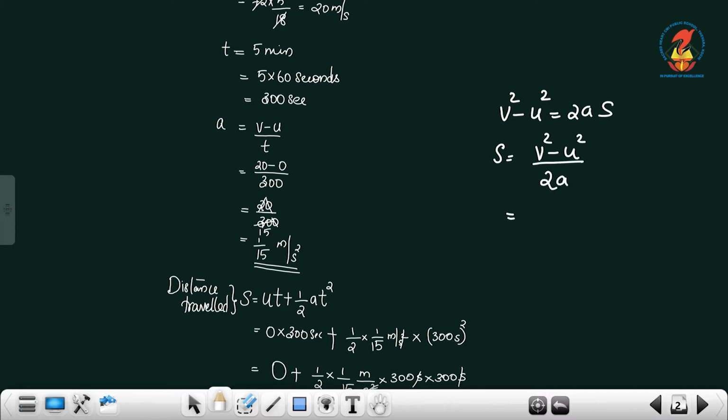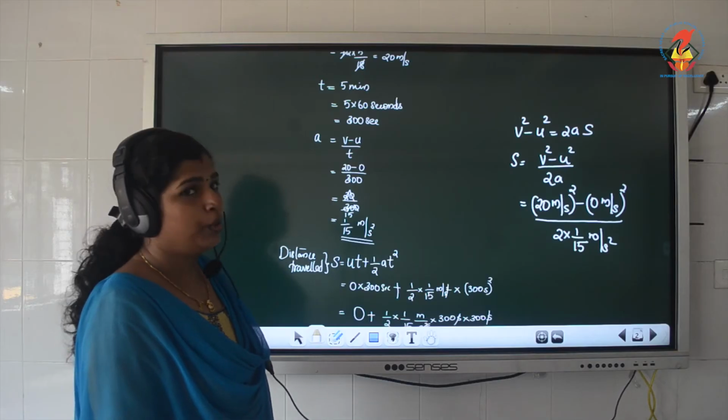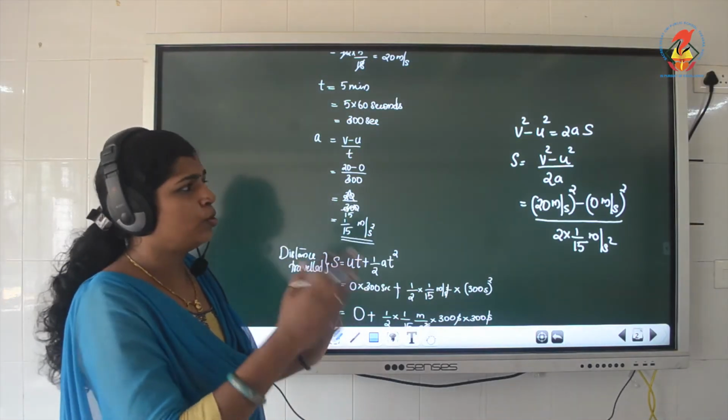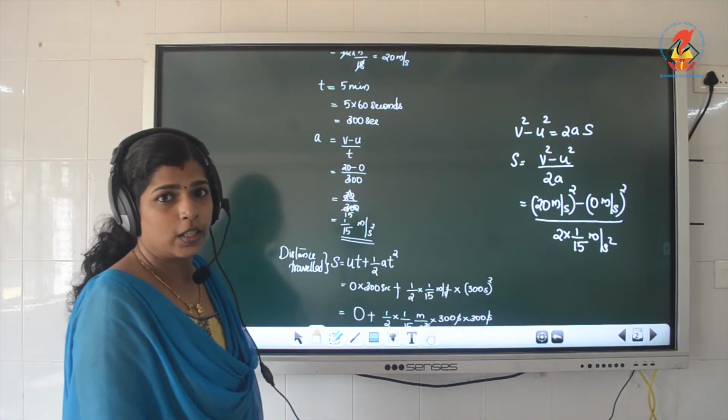v square: v is 20 meter per second the whole square, minus 0 meter per second the whole square, divided by 2 into 1 by 15 meter per second square. I substituted in this equation. Either of these two equations you can use to find the distance travelled.